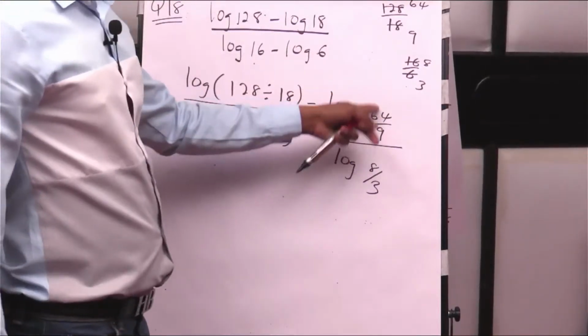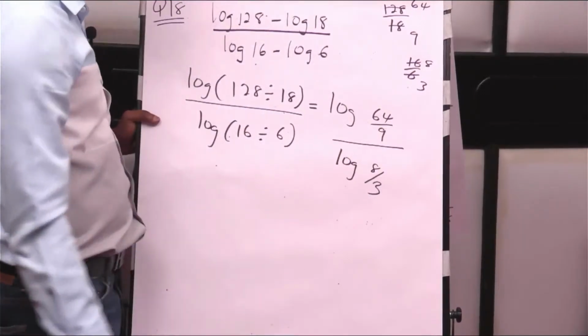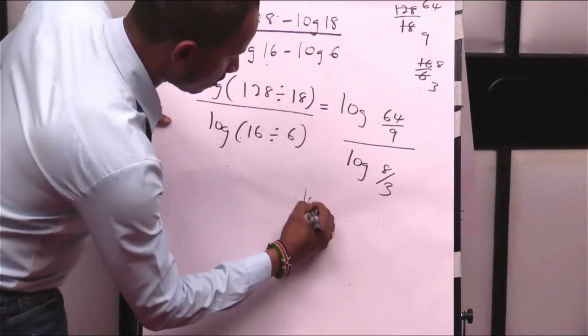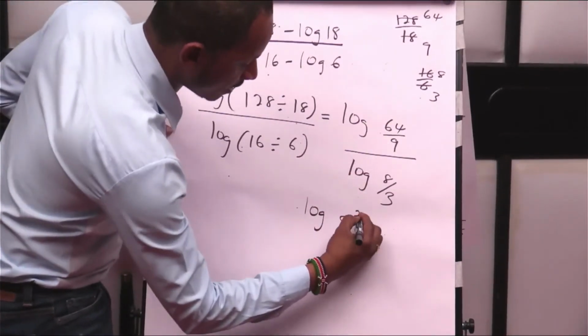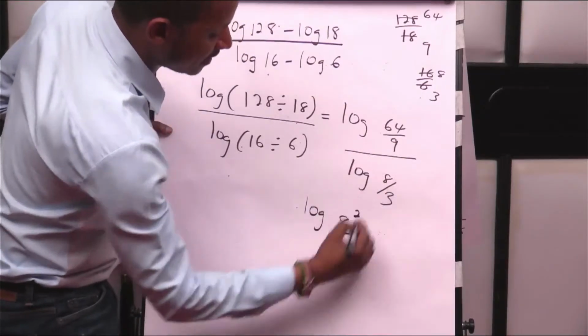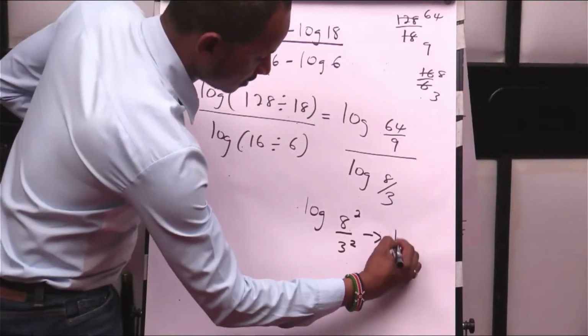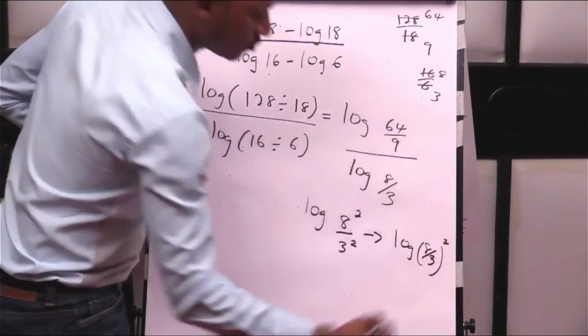So from here, look at the numerator, everybody. Here we have log 64, which is 8 squared, divided by 9, which is 3 squared. This can also be written as log of 8 over 3 squared.